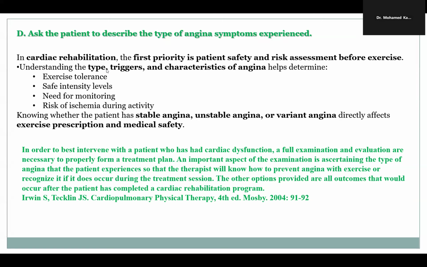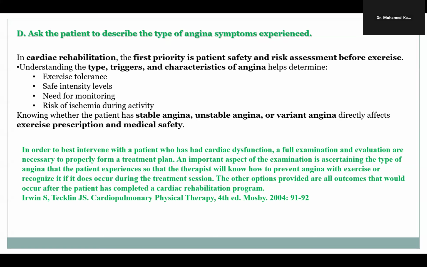Understanding the type, triggers, and characteristics of angina, because we have different types of angina as we learn in our cardiopulmonary section. We have stable angina, unstable angina, Prinzmetal angina, so we have different types of them. But it will help us to determine exercise tolerance, because I am trying to tailor an exercise prescription for this patient.